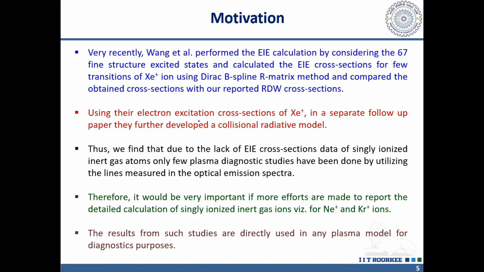From these studies, we find that due to the lack of electron impact excitation cross-section data of singly ionized inert gases, only a few collisional radiative models are developed for the inert gas ions.